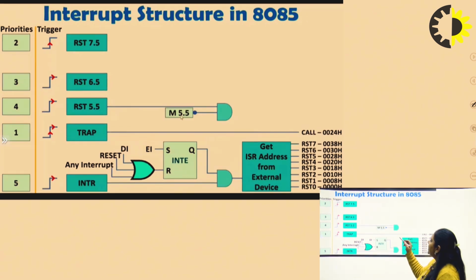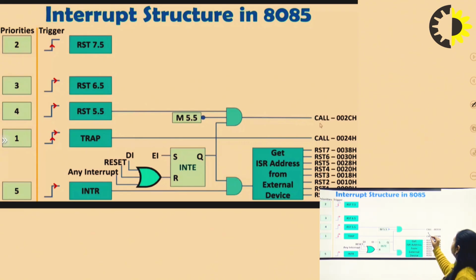For RST 5.5, there is a mask pin M5.5 which is taken from the SIM instruction, and its address is call 002C. Here, the Q output of the SR flip-flop goes as an input to the AND gate for INTR and for RST 5.5 also.